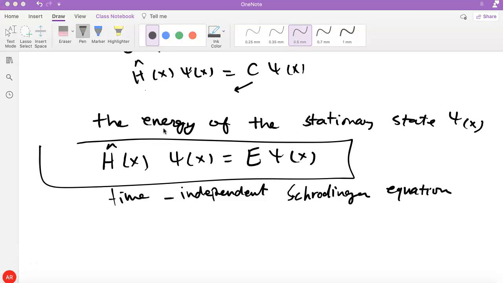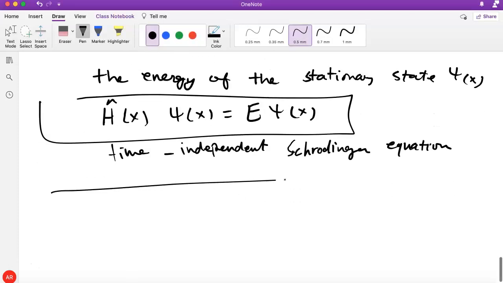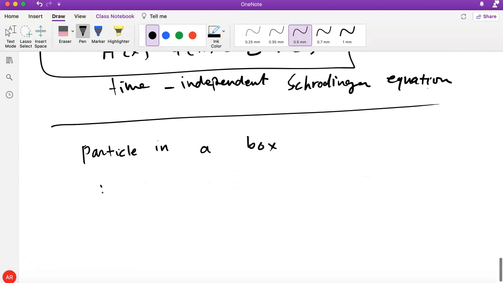Okay, so the first example that's often discussed in finding solutions to this time-independent Schrodinger equation is something called the particle in a box. It's basically like an infinite potential well.